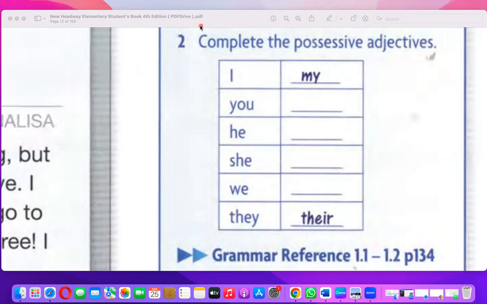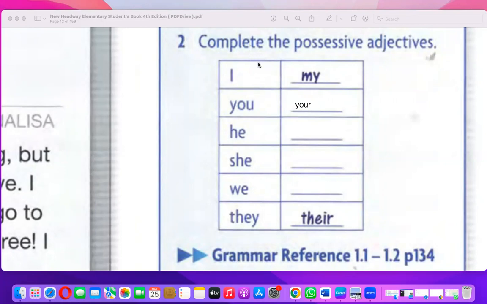So now let's get started with the first one. So I becomes my. You becomes. Miss Yasmin, are you here? Your. Your. Very good. Becomes your. Number 3, he.